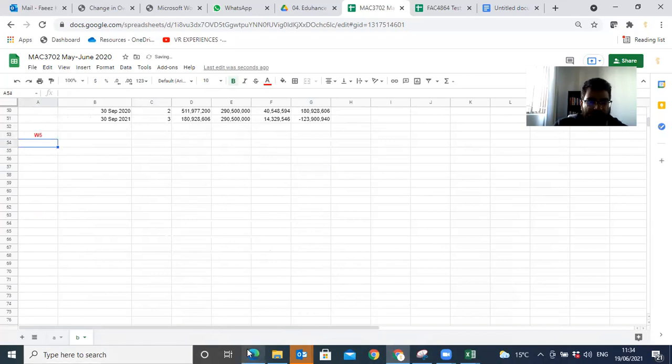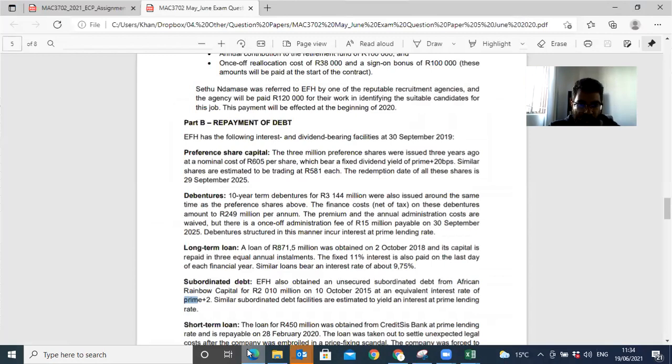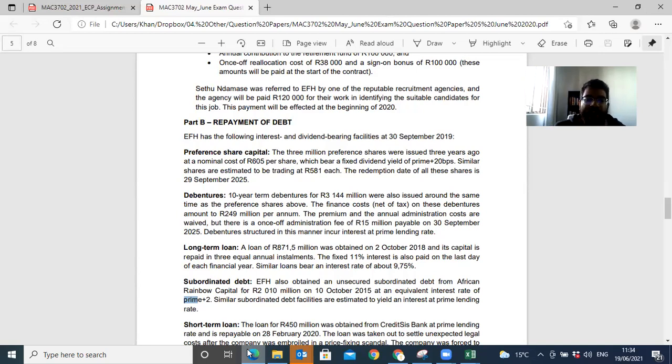Okay, so if we have a look, we took out a subordinated loan from African Bank at an equivalent interest of 10.25, at prime. They never gave us a redemption date.